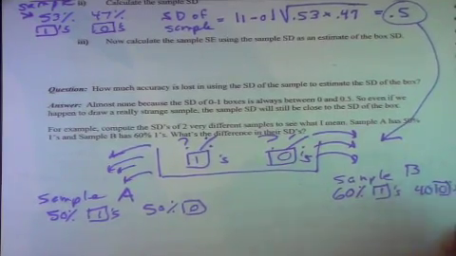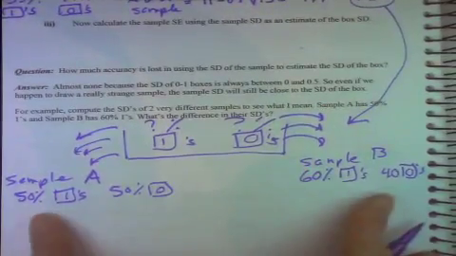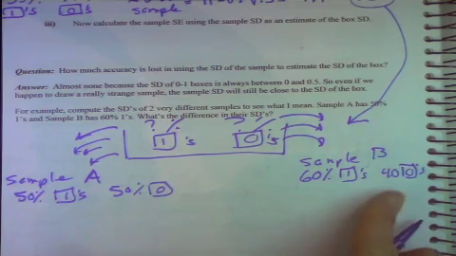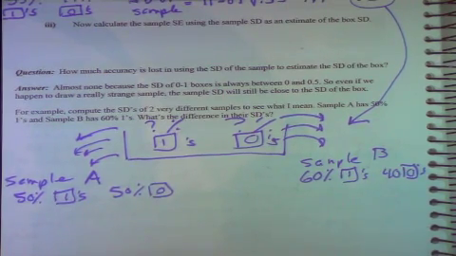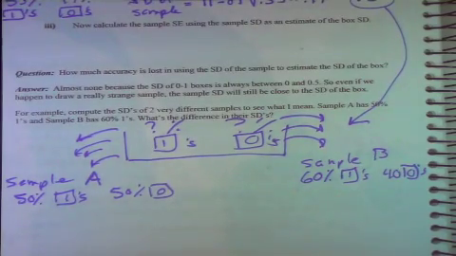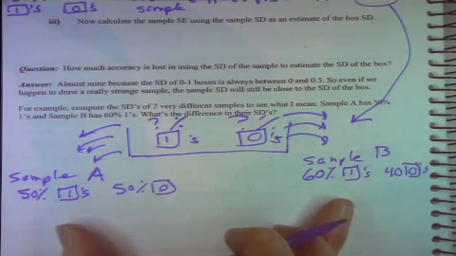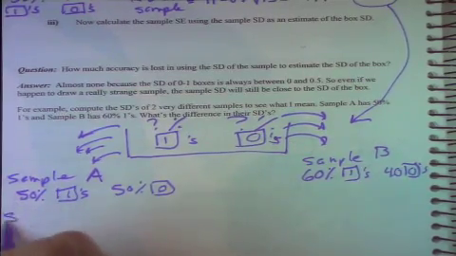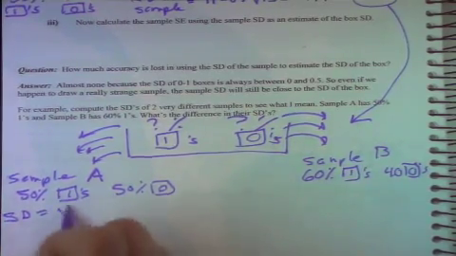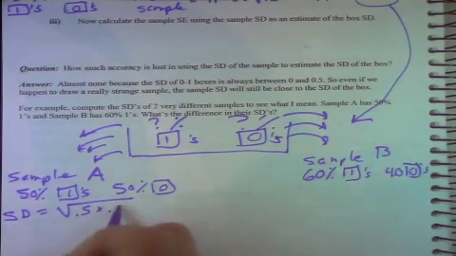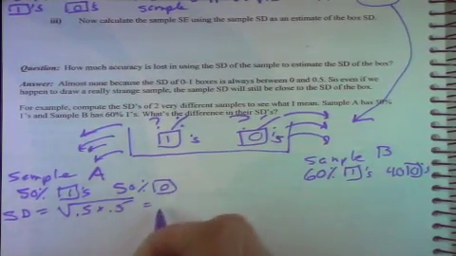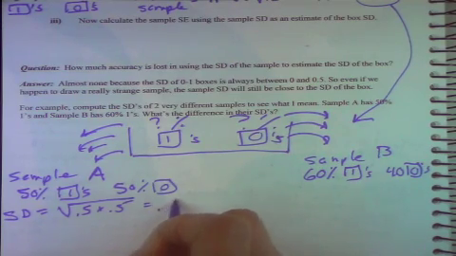I mean, if you have a really big sample, that's going to be unlikely. Like if your sample size is 100 or more, it's really unlikely to get that big a variation. But let's say we did. Watch. The SDs aren't going to be that different. This SD is the square root of 0.5 times 0.5, which is 0.5.